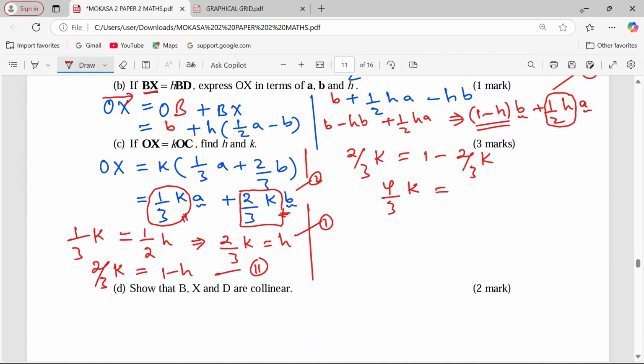K, 4 over 3K equals 1. So to get K itself, we multiply by 3 over 4 on both sides. So the value of K becomes 3 over 4.